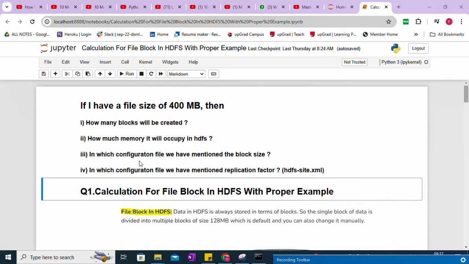Also, in which configuration file have we mentioned this block size? In which configuration file have we mentioned this replication factor? Those are the typical interview questions they'll ask in any product-based or service-based company, as well as in the semester exam.